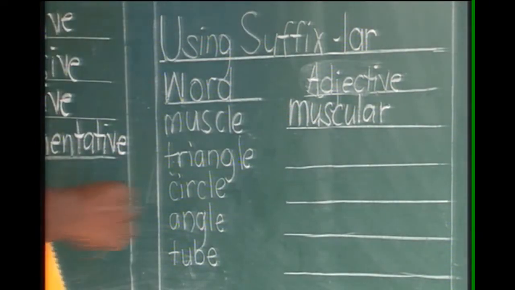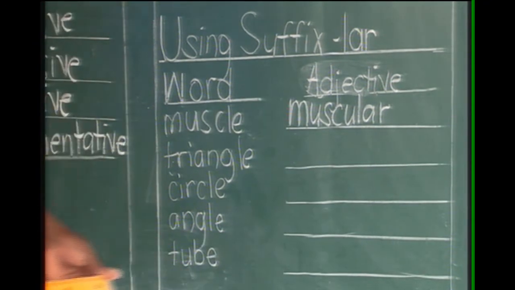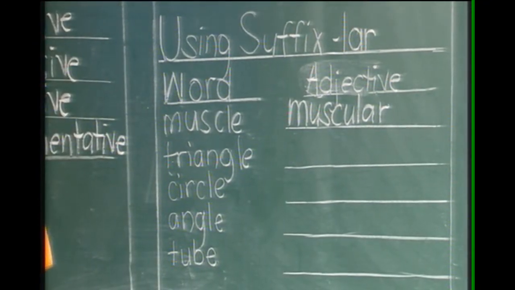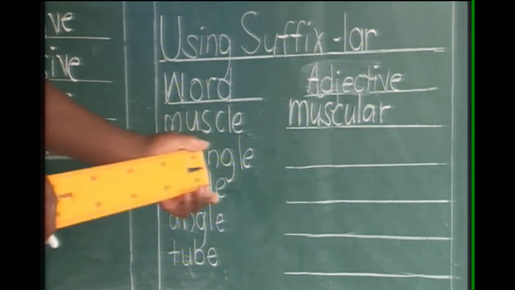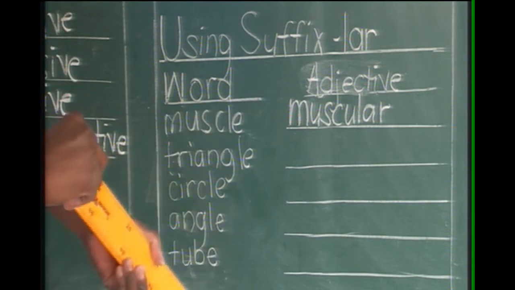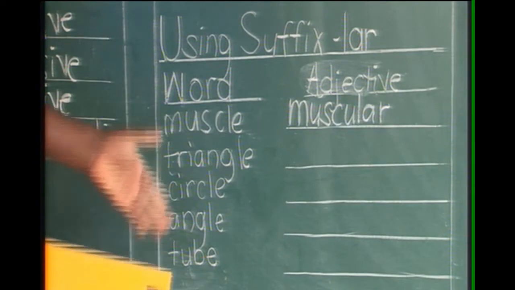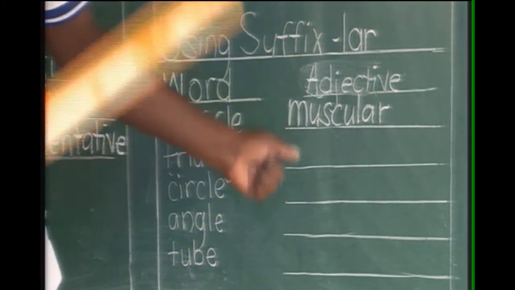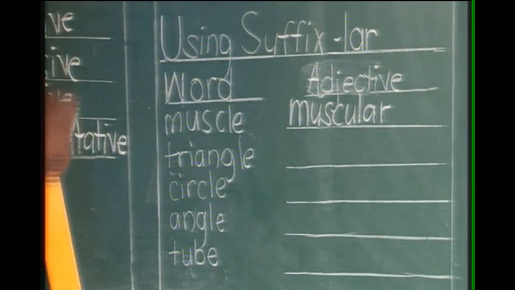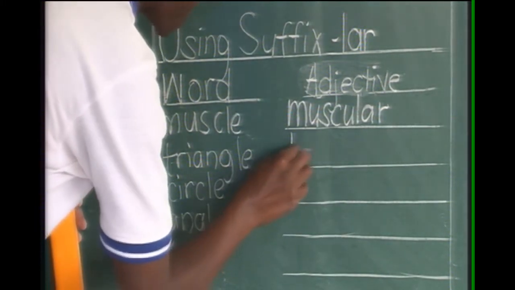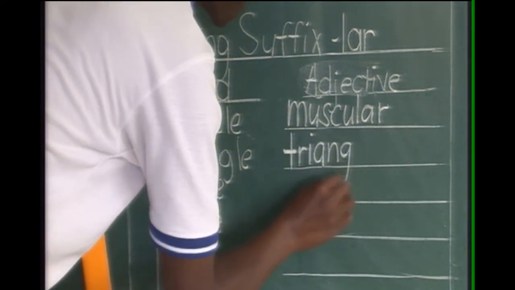You'll notice there is some similarity in meaning among these adjectives with lar as our suffix. Most of them are adjectives of shape. From muscle, muscular. From triangle to triangular. Another adjective of shape, triangular.